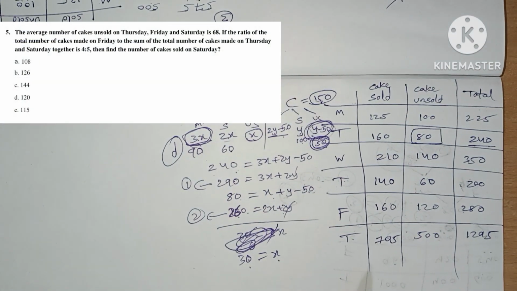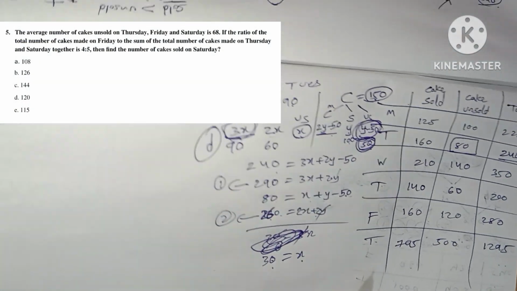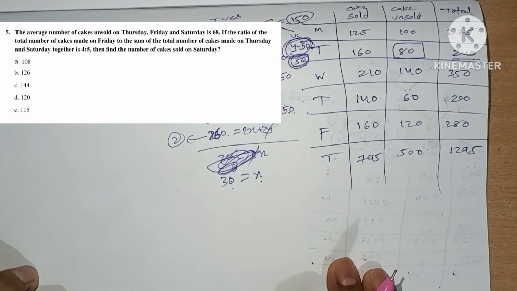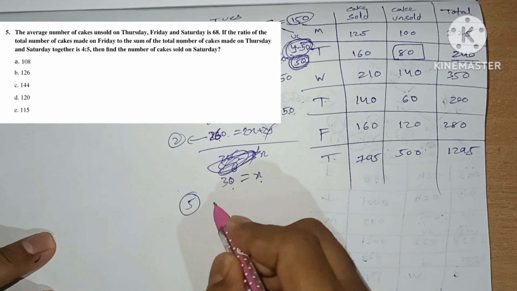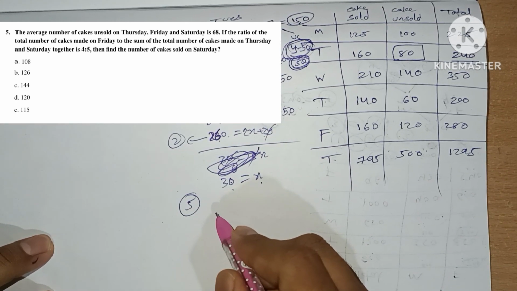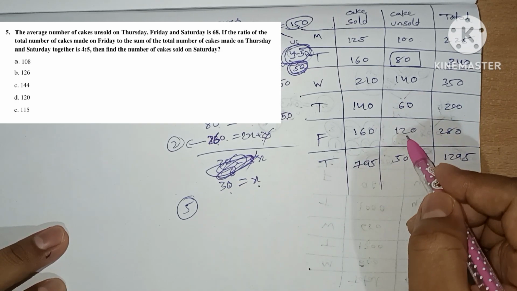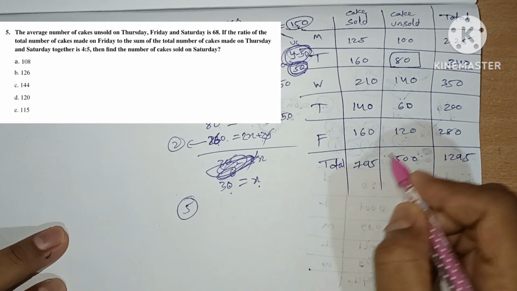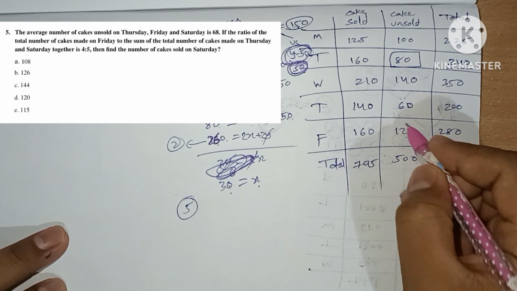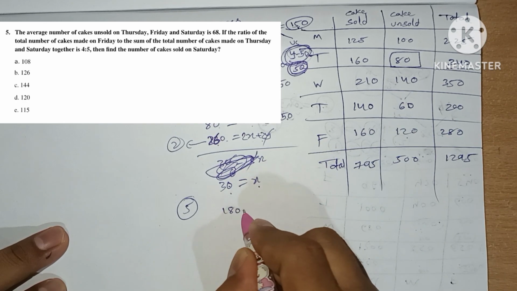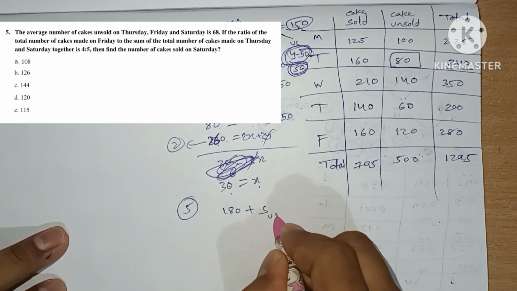Now we are moving to question number 5. Let's see the fifth question. The average number of cakes unsold on Thursday, Friday and Saturday. For Thursday and Friday we have 180, plus the Saturday unsold.